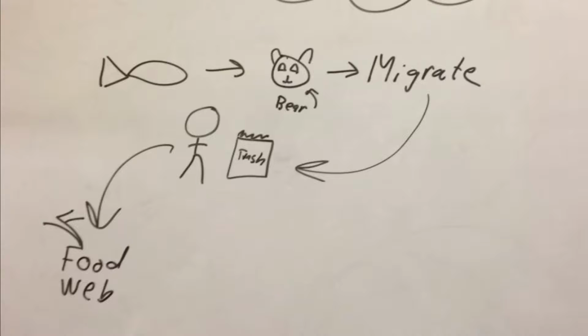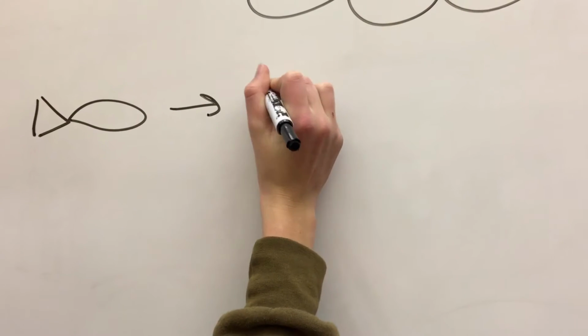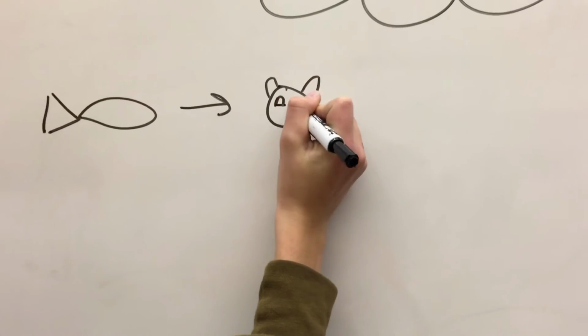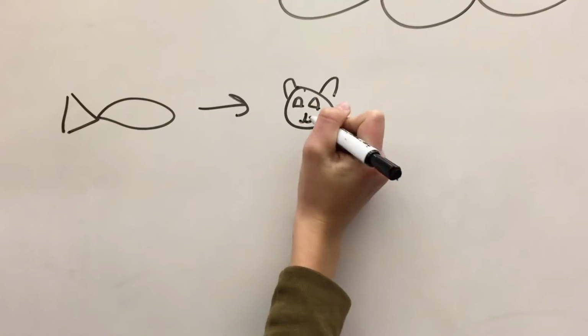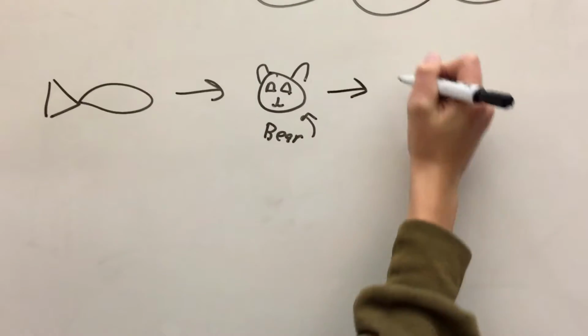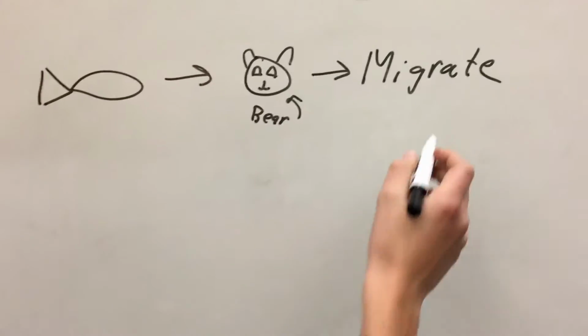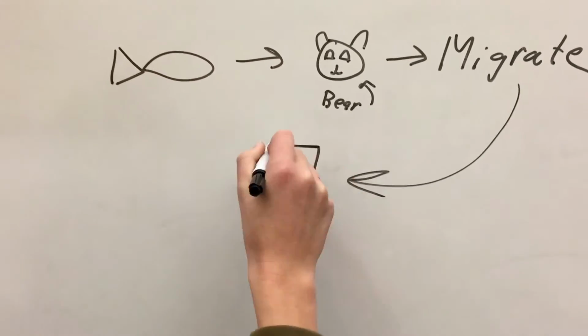If endangered animals go extinct, there could be a series of chain reactions that could end up affecting humans and other organisms. For example, if a fish goes extinct, the bear that eats it would have to migrate, causing it to become desperate for food. By bears migrating, they could have negative interactions with humans, or they could starve to death trying to find food.